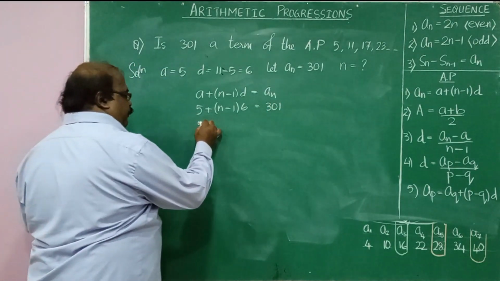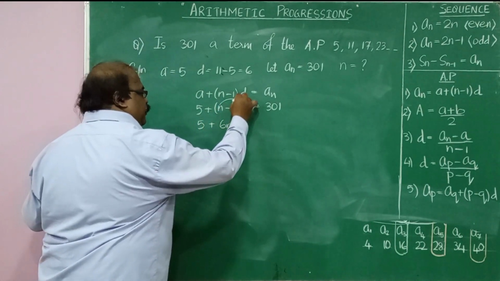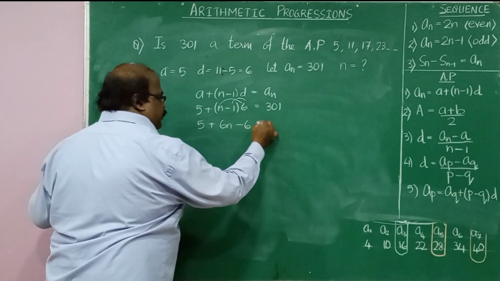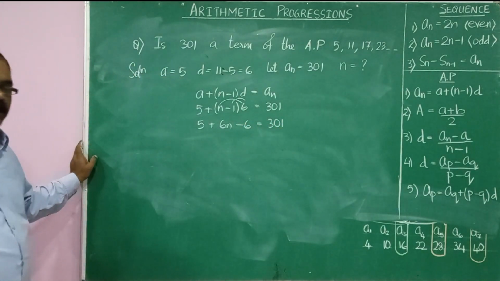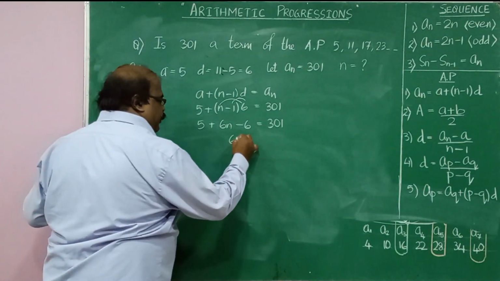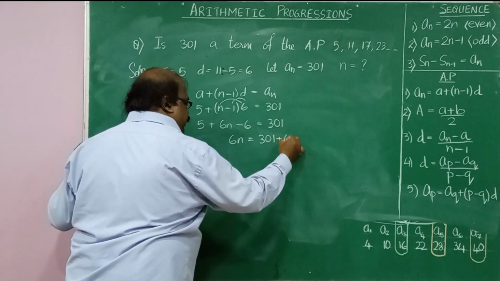So what will I get? 5 plus n into 6, 6n, minus 1 into 6, minus 6 is equal to 301. So 6n is 301 minus 5, plus 6 going that side.